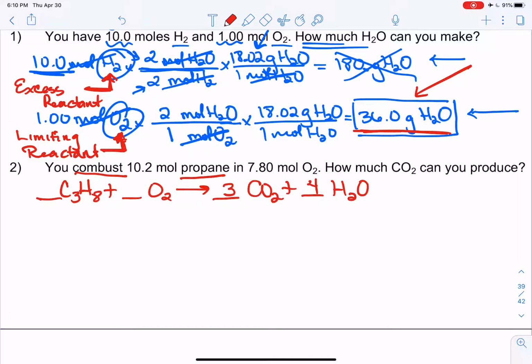And then over on the product side, your 3 carbon dioxides, those are going to provide 6 oxygens. And then your 4 waters are going to provide an additional 4 oxygens. So 6 and 4 is 10.